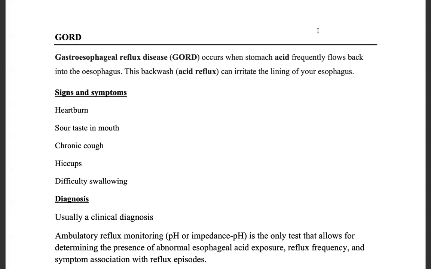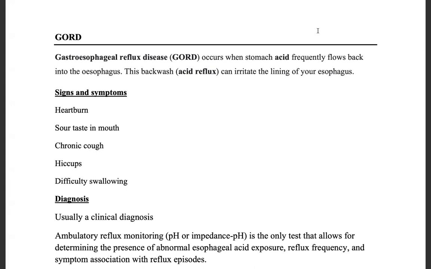Understood? So patients might come across signs and symptoms like heartburn. Usually this burning is aggravated by bending, stooping, or when the patient is lying down. This heartburn is relieved by oral antacids.